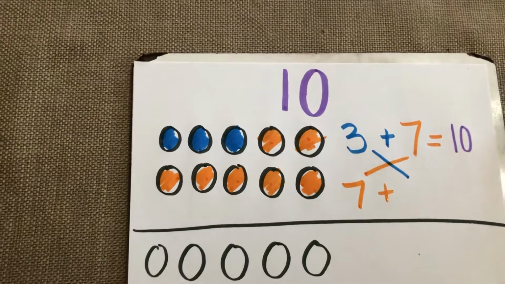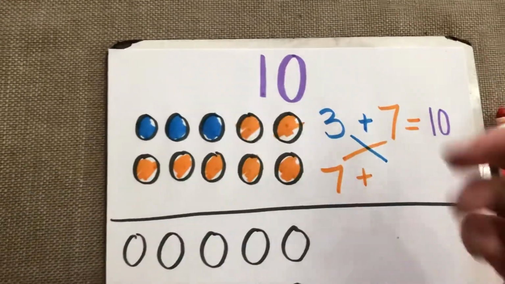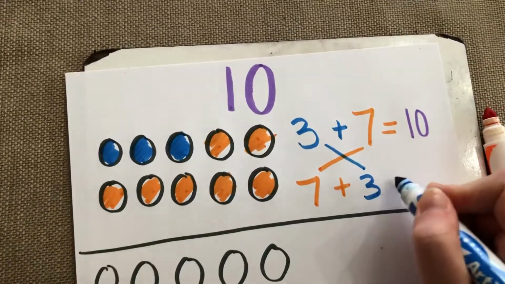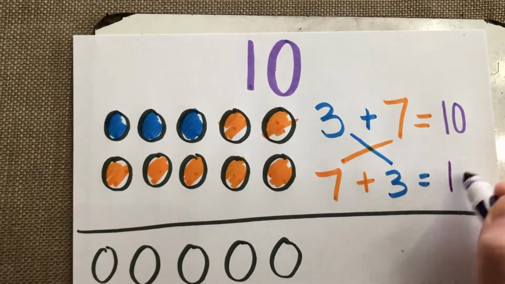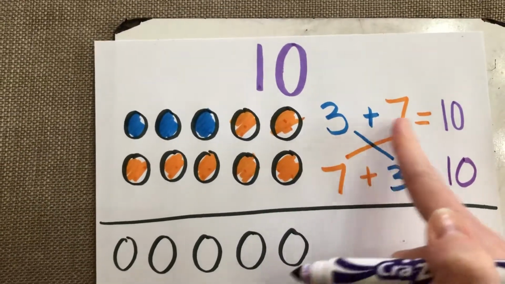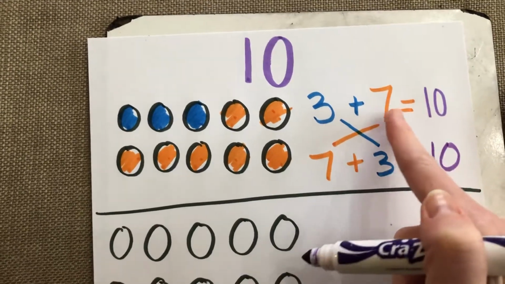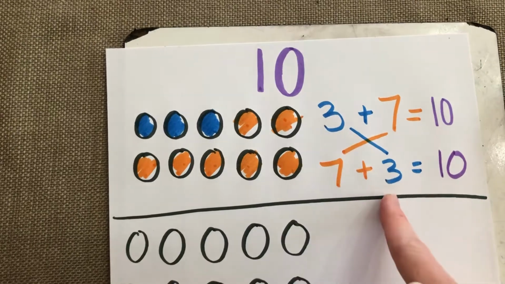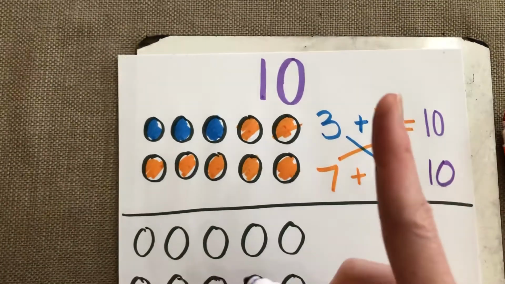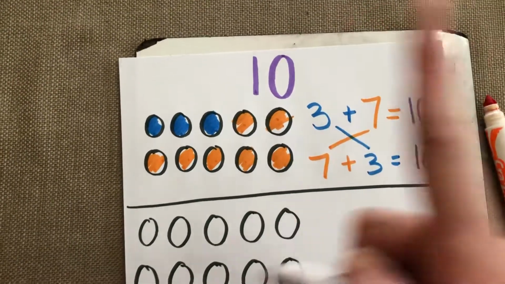Plus, how many blues do we have? 1, 2, 3. And it still equals, how many do we have all together? 10. So we had 3 plus 7 equals 10. We switched those around, made 7 come first. 7 plus, we got the 3 from up there, equals 10. It's a turnaround fact. Woo, woo, woo.